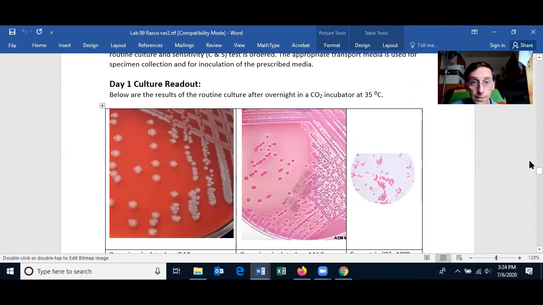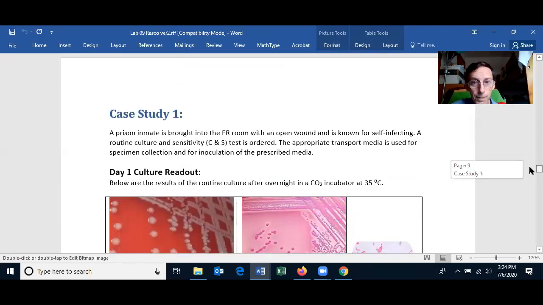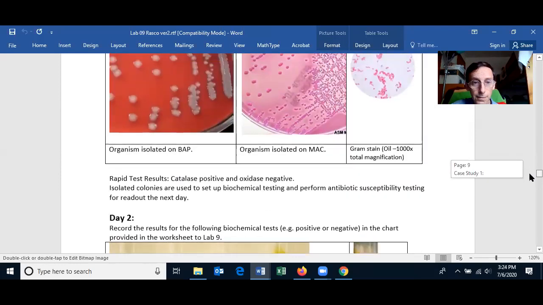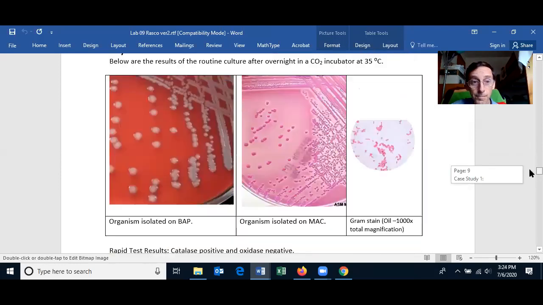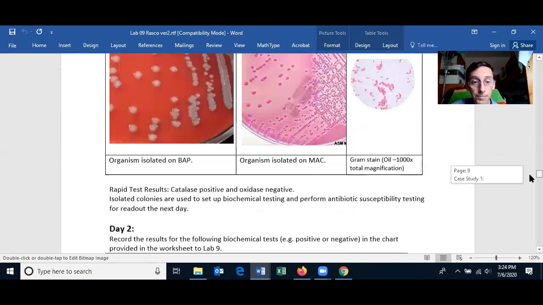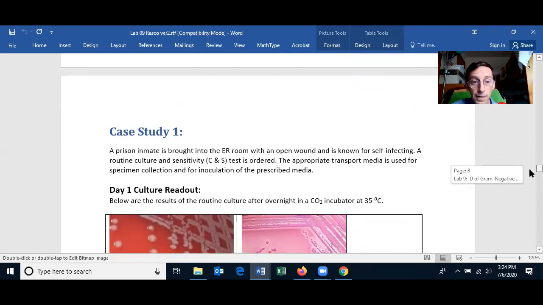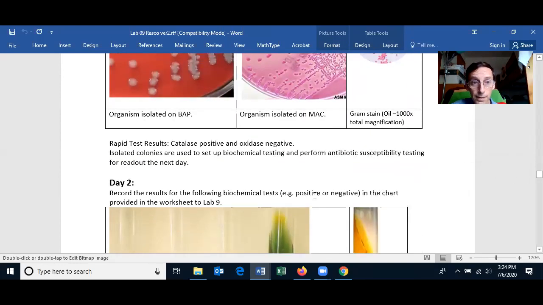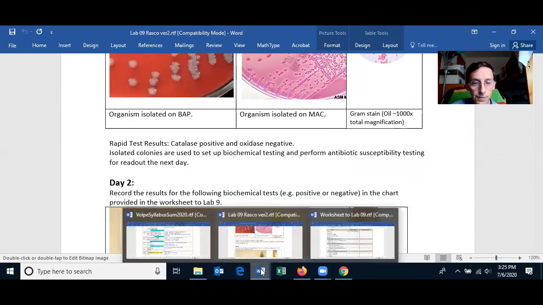You're looking at a case study, which I'm not seeing the patient here. So anyways, there's case study 1, where a patient is infected and then they do tests to try and identify what the infectious agent is.